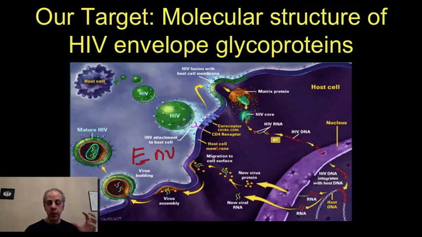Once again, because that's what the HIV is using to latch itself into the membrane of the host cell. And if we understand that structure, we might be able to stop and to block that connection and hopefully stop transmission. That's what we want to get.